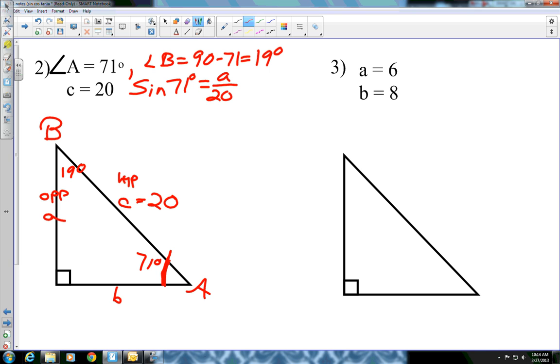I like it when the number lines up on the bottom. All I have to do is multiply both sides times 20, and I get A equals 20 times the sine of 71 degrees. So I get approximately 18.9.